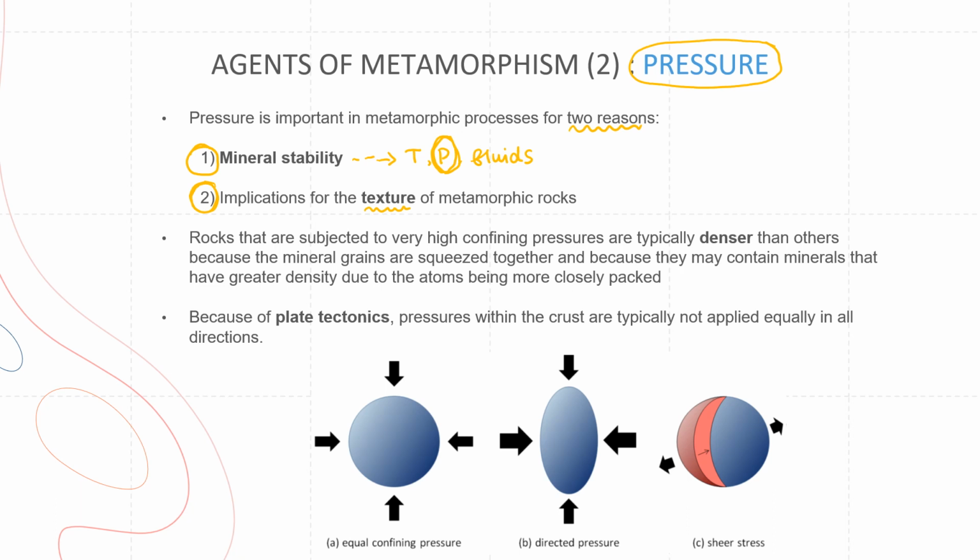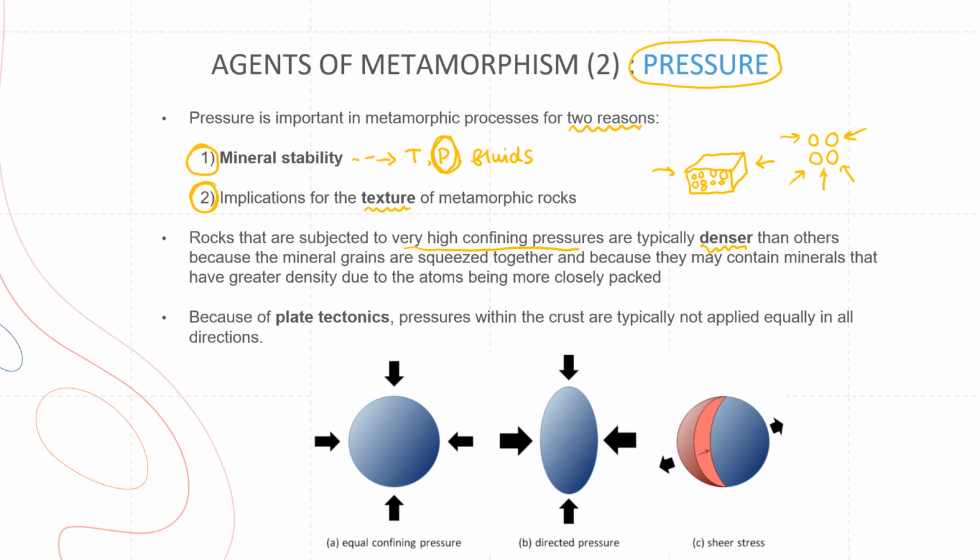For example, if you imagine a rock that's been subjected to high confining pressures, it would typically be denser because it contains minerals that have a greater density due to their atoms being more closely packed.